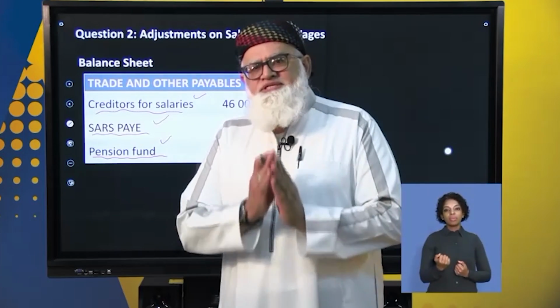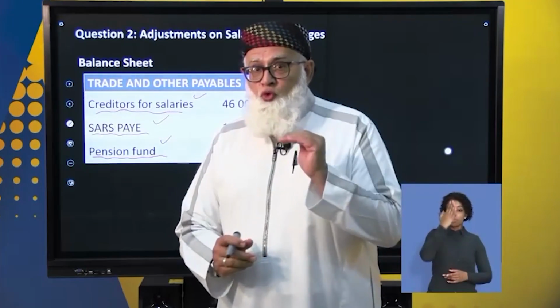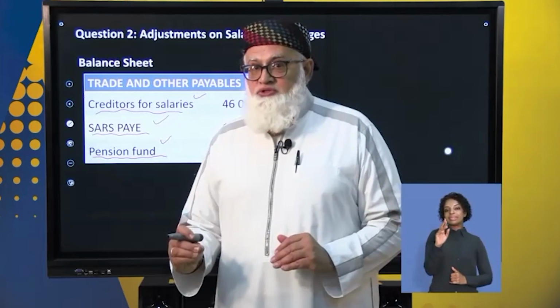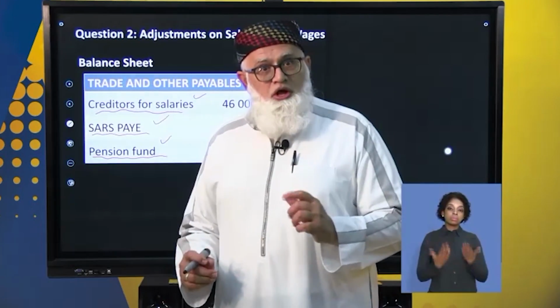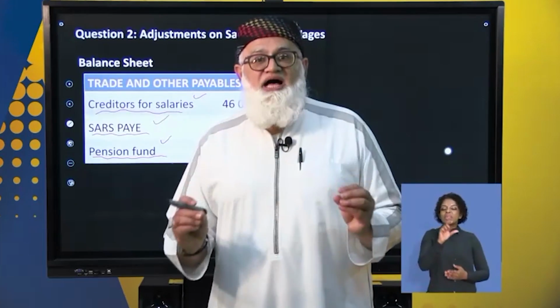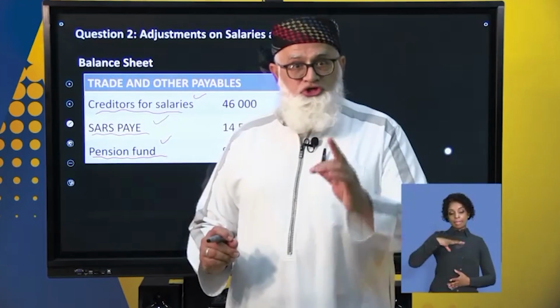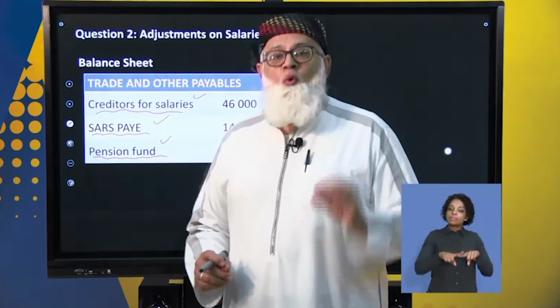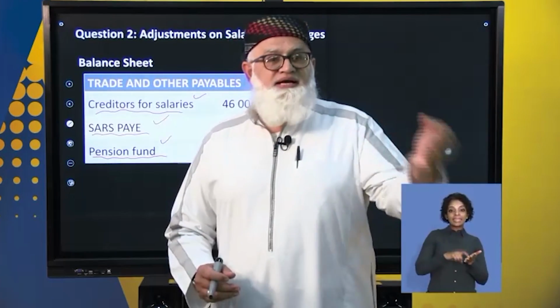So make absolutely sure you know the status of the SARS income tax account. Because if I ask you the question, what type of account is SARS income tax? Your response should be, it depends. What does it depend on? It depends on the balance in that account. If it has a debit balance, it's under trade and other receivables, credit balance, trade and other payables.